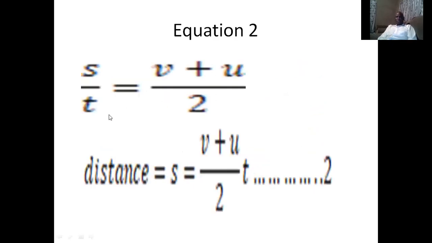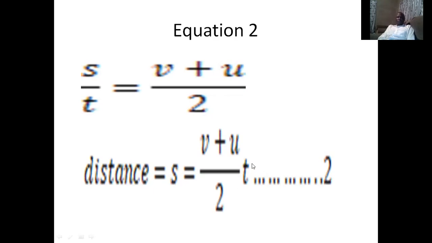And so this is what we have done here. We have equated displacement over time to final velocity plus initial velocity over 2. From here, we can make S, the displacement, the subject of the formula, and it gives us final velocity plus initial velocity over 2 multiplied by the time.